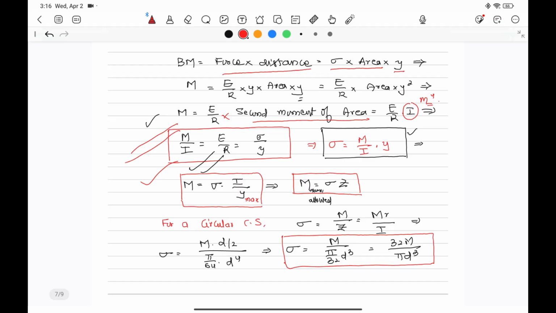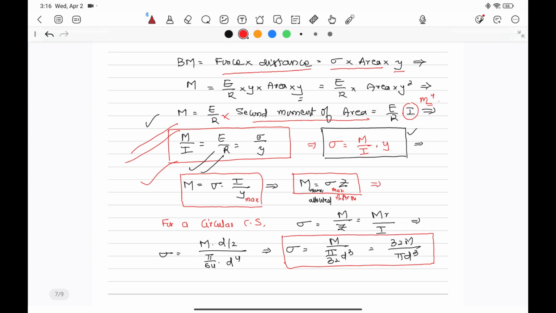And from the cross-sectional area, you can calculate the I and y. And from the codes, you know the maximum allowable bending stress.